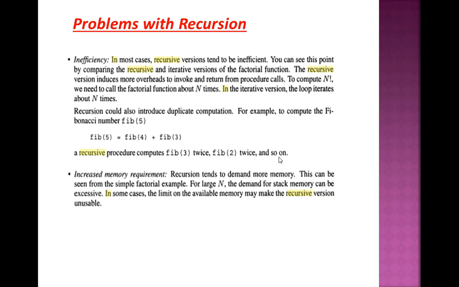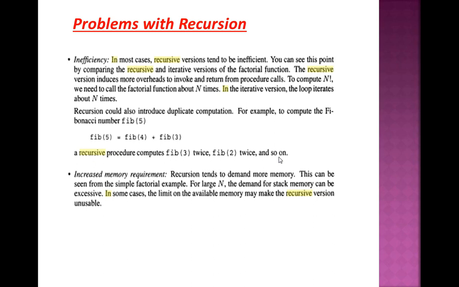Then the next problem with recursion is that it increases the memory requirement. Whenever we store values using recursion, it needs a lot of memory. So this says recursion tends to demand more memory, as there are more variables and more computing work.